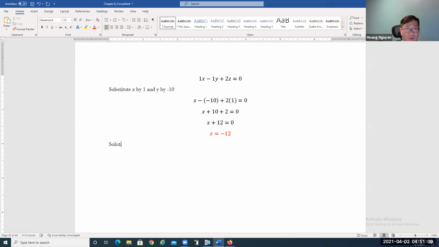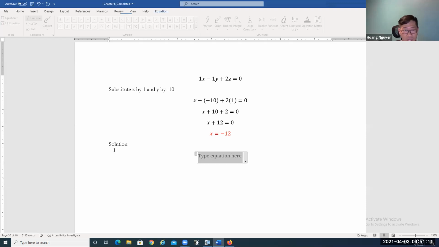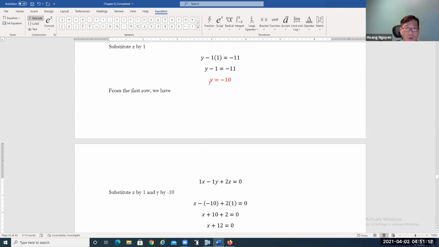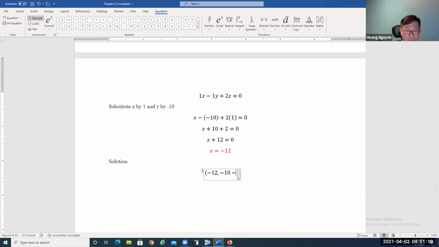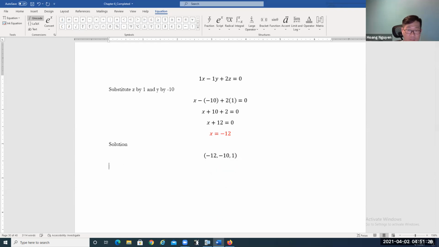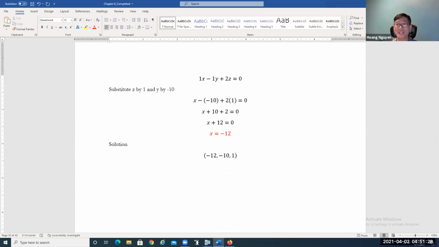Now let's put all of them together. The solution is in alphabetical order: x equal negative 12, y is equal negative 10, and z is equal 1.